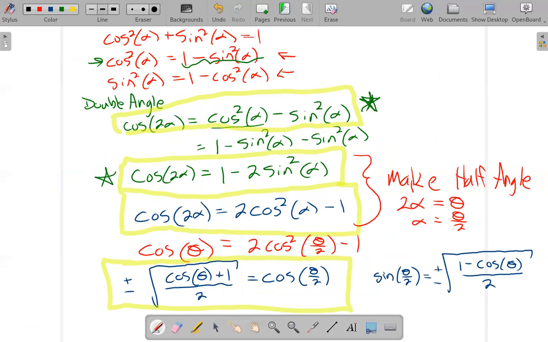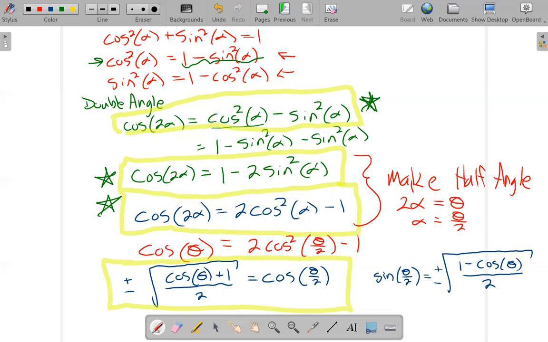Alternatively, if you know these two, you can always solve for alpha, which gives you the half angle. I kind of have this one memorized because I've taught this class many times, but really I have these down in my head, and I often use these when I need a half angle because I just reverse the direction of it.